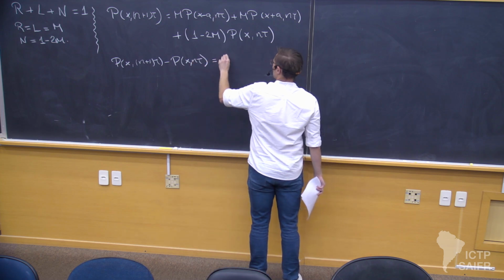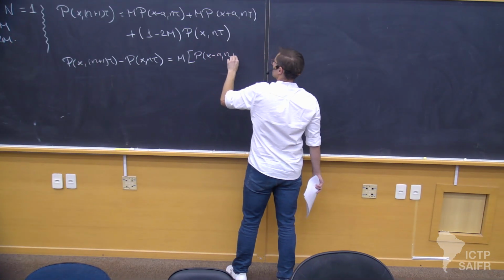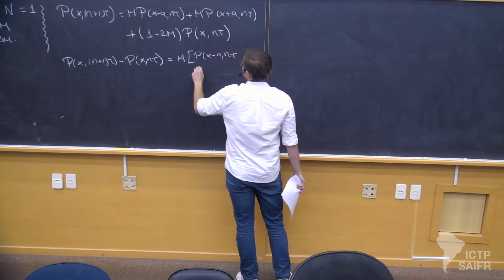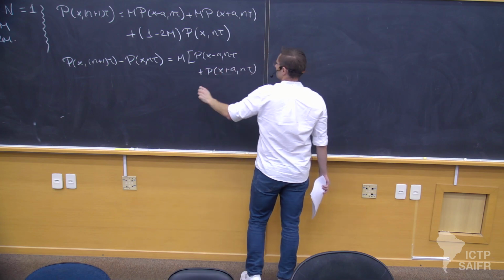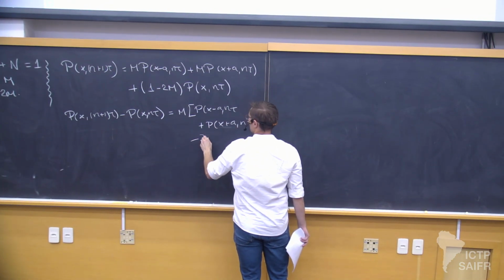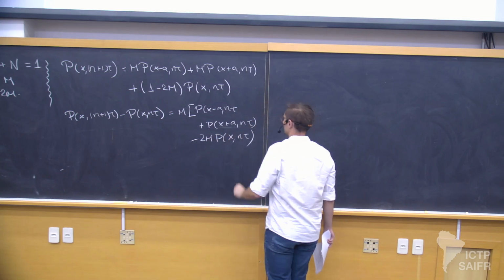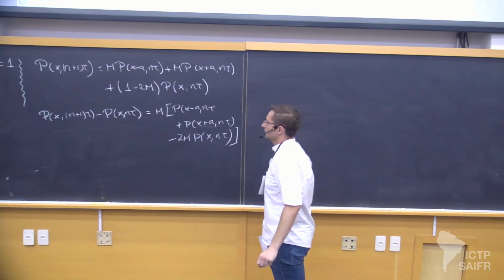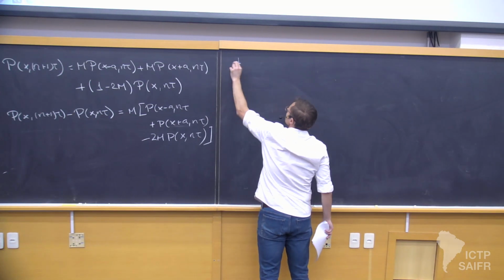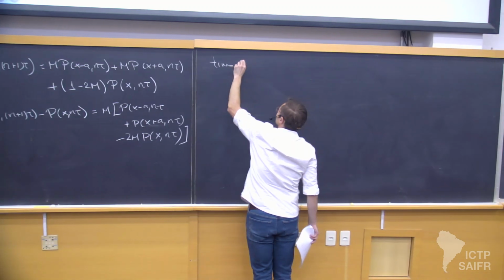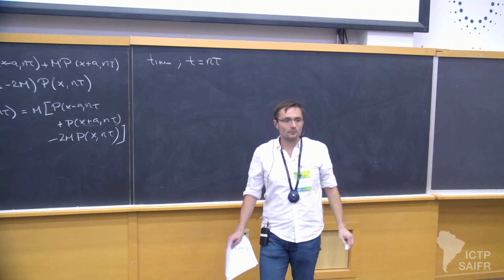And this is M times [p(x minus a, nτ) plus p(x plus a, nτ) minus 2 p(x, nτ)]. Let me now define a time: t is going to be equal to n times τ.